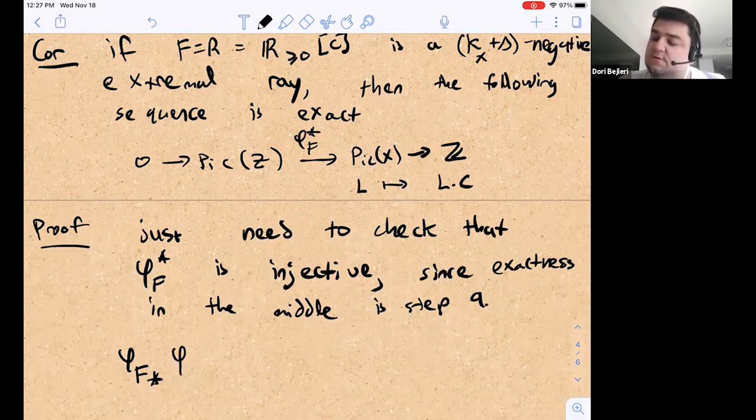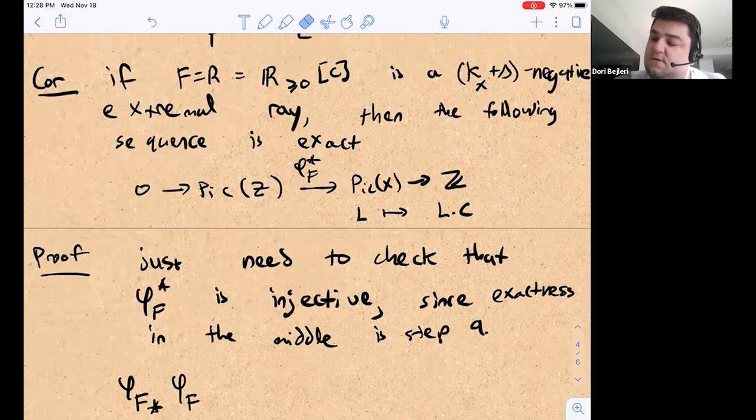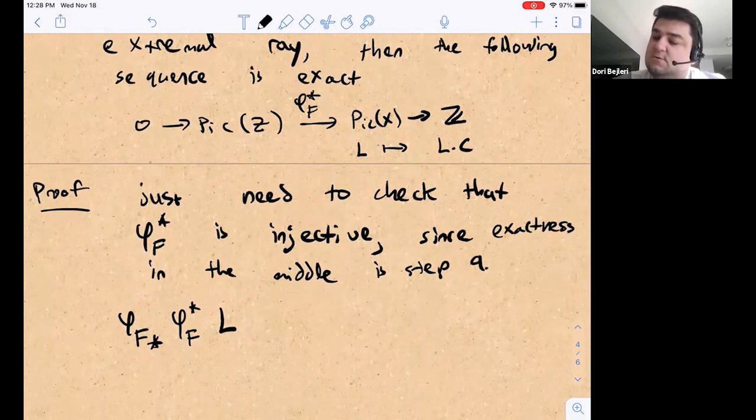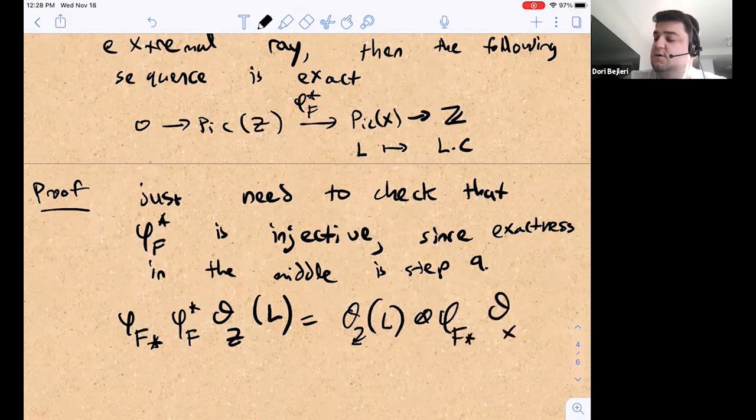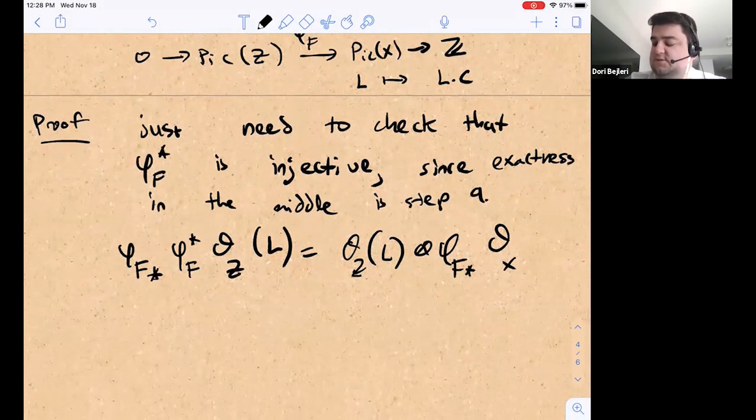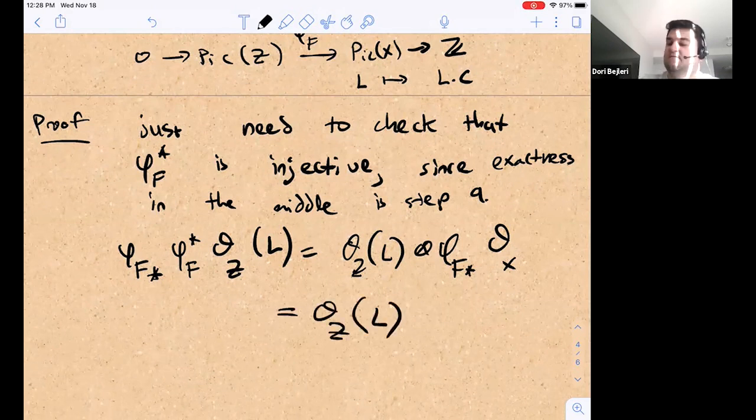But if we apply it to the pullback phi F upper star of some L on Z, just to be consistent with my notation, let me call it OZ of L. Then by projection formula, this is the same as OZ of L tensor phi F lower star of OX, but by our property of our extremal contraction, this is just OZ of L, because phi F lower star OX is OZ.